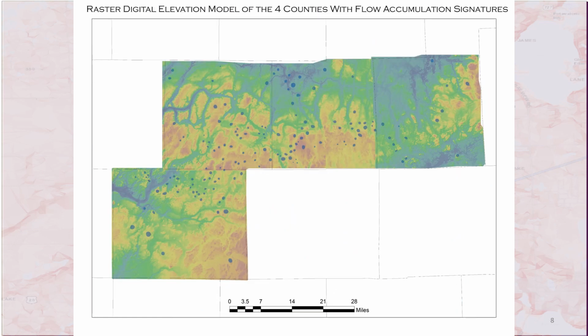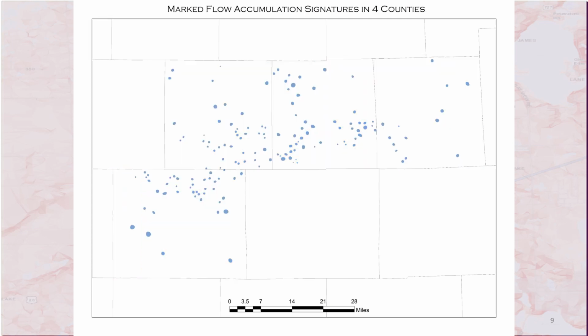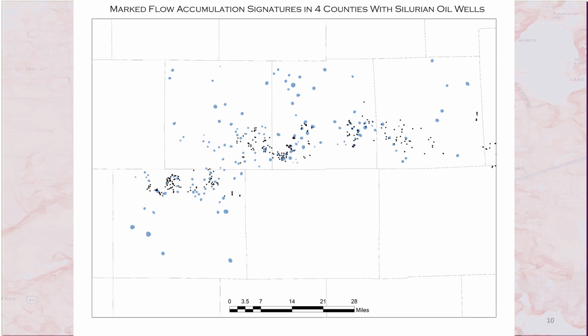And here we can look at the reef trend over 4 counties. The signatures, this is over the DEM. We take out the DEM, and then we can see our reefs. Then let's put in the oil wells, and they're lining up quite nicely in here. So this is the flow accumulation.